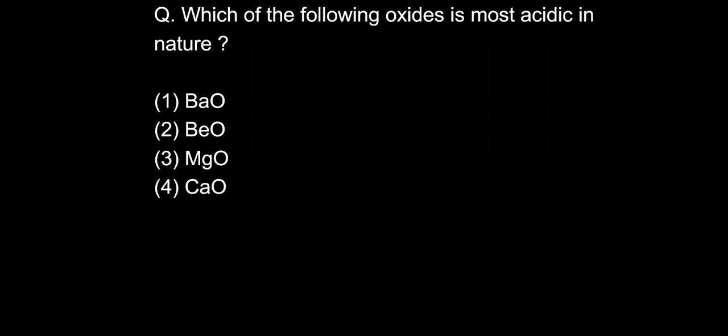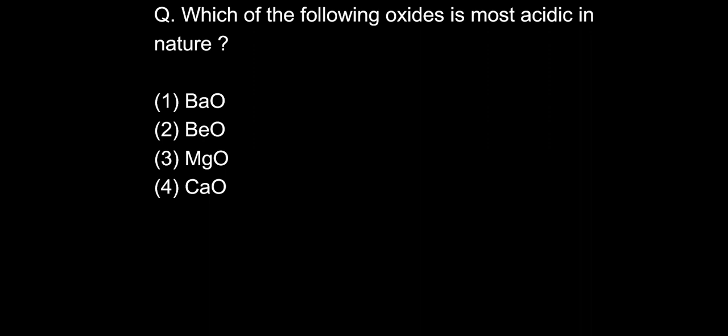Now, a very simple logic: whenever you try to answer the acidic or basic nature of an oxide, always remember that oxides of metals will always be basic, and oxides of non-metals will always be acidic. So whenever you are moving in the periodic table, if the metallic character increases, then the basic character increases or the acidic character decreases.